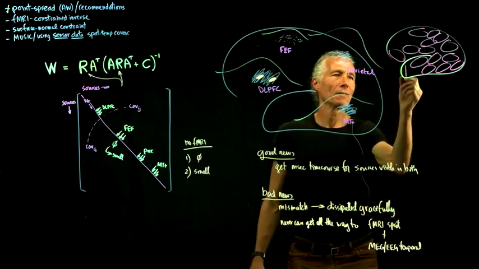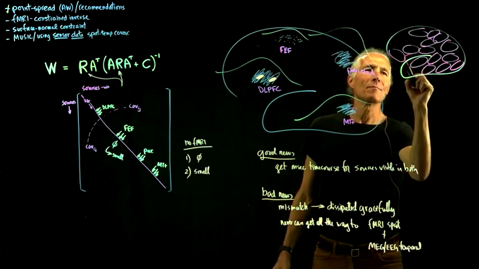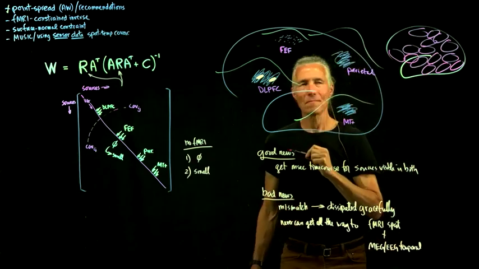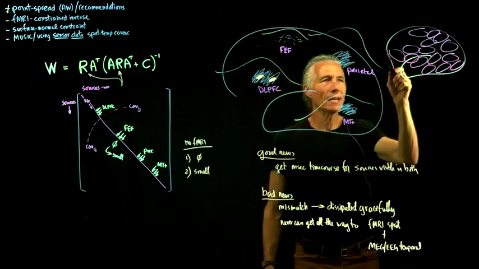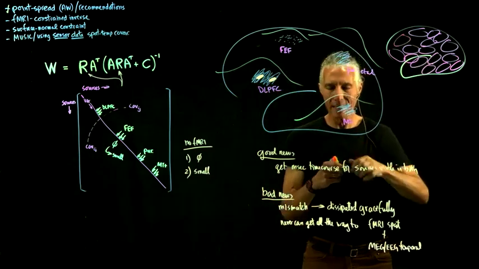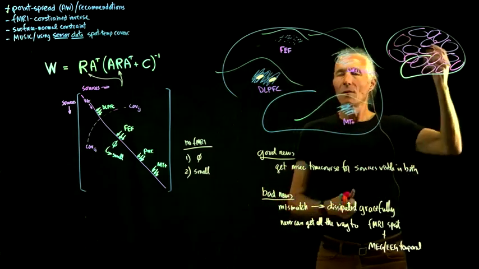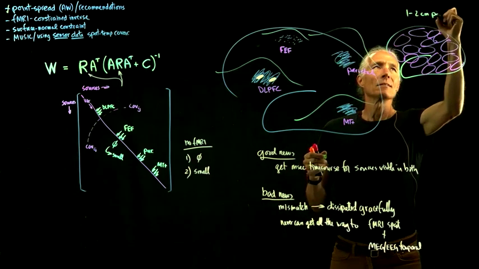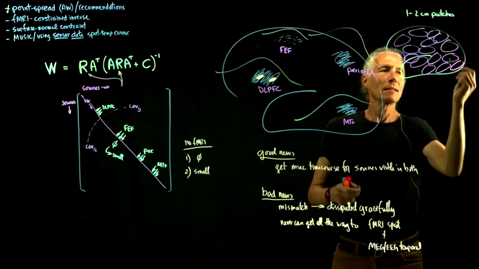It's kind of hard to tell operculum from anterior temporal because those are very close to each other. But in any case, we can get a millisecond picture of these 1 to 2 centimeter patches as the information moves around.